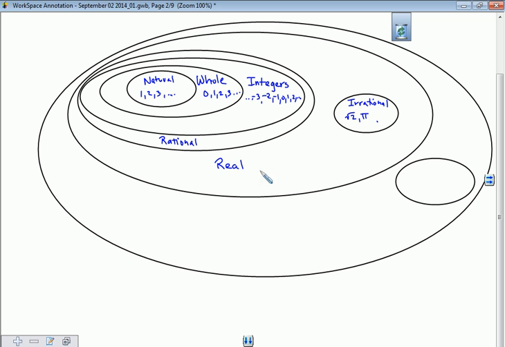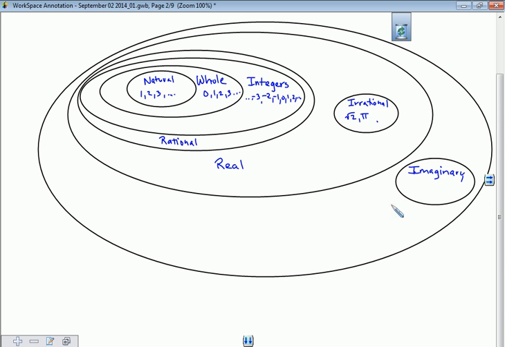Then we have the new one that Brian talked about and a couple of you already knew, and that's imaginary. Do you see how imaginary does not fall within the realm of real numbers? They're not part of the real number system, but they're not imaginary like your imaginary friend you had when you were 2.